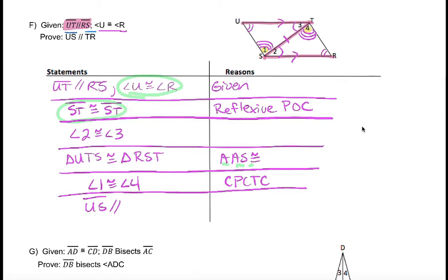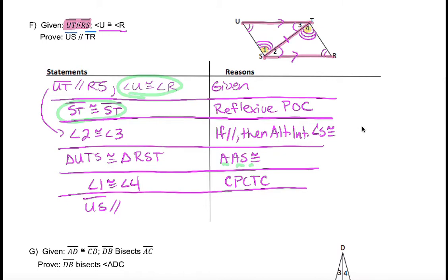Since I'm using the parallel lines to get that angle pair, I'm using one of our theorems. 2 and 3 are alternate interior angles, so I'm using the alternate interior angles theorem, and you could say that for the reason, or you could say if parallel, then alternate interior angles congruent, which is the order that the theorem goes in.